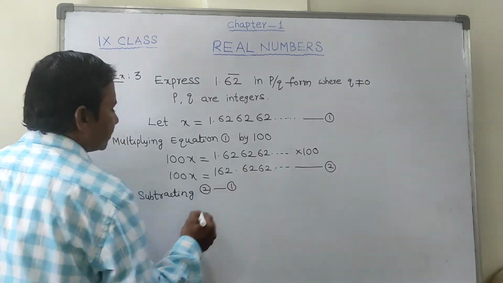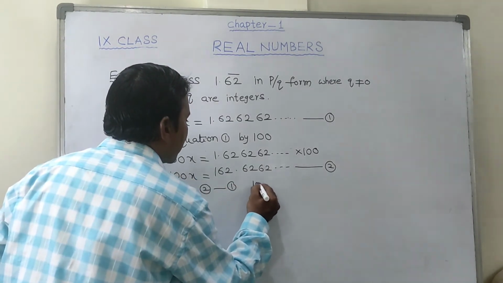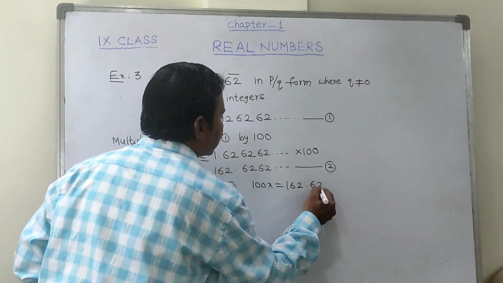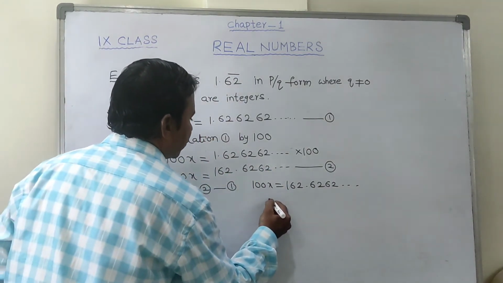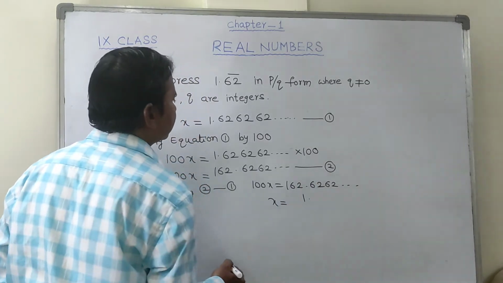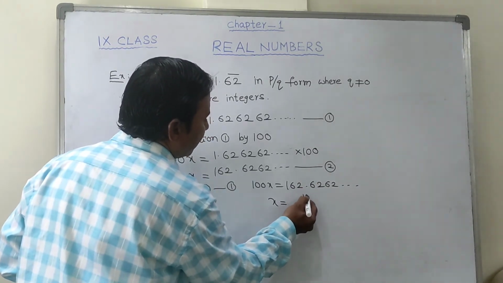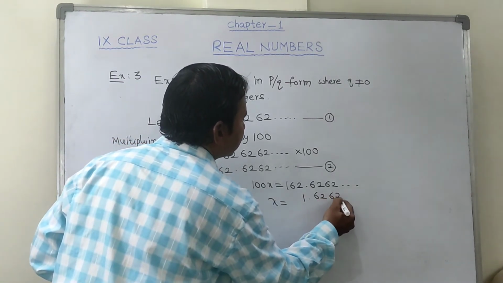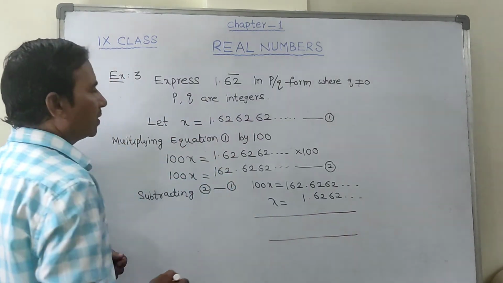Second one means 100x equals 162.6262 and so on. The first equation we have x equals 1 point. See, the point should come in a straight line. So 1.6262, like that you will get here.